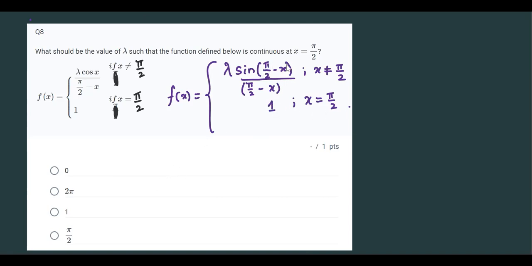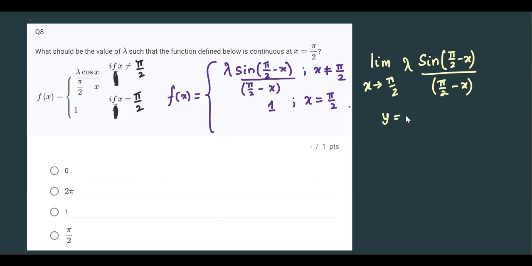So this is sine X by X as X tends to 0. So this is limit x tends to pi by 2 of lambda times sine of pi by 2 minus x upon pi by 2 minus x. If you replace y as pi by 2 minus x, then as x tends to pi by 2, y tends to 0.